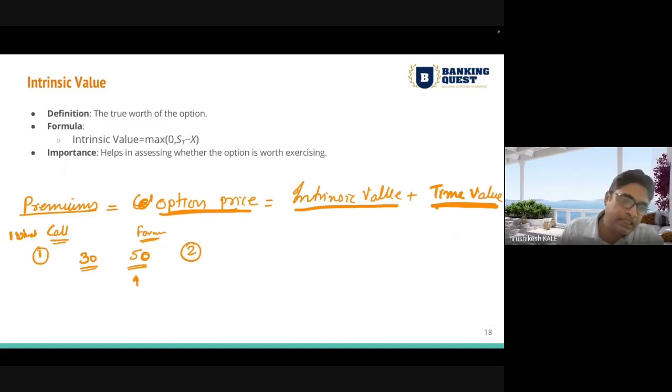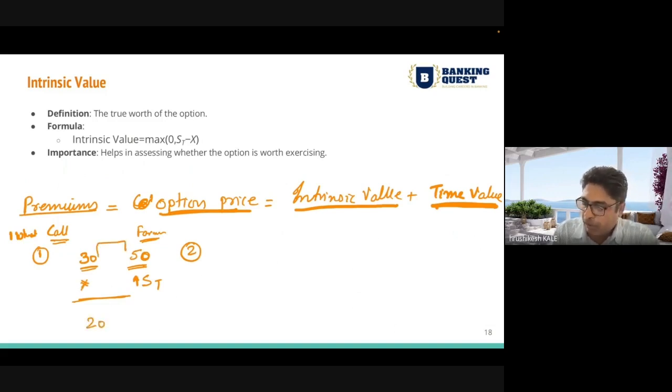If he is a rational farmer, he might say, why 30? Give me at least 50. So, if current market price is 50 and you want to enter into a contract at 30, you must give at least 50 minus 30, 20 rupees as premium.